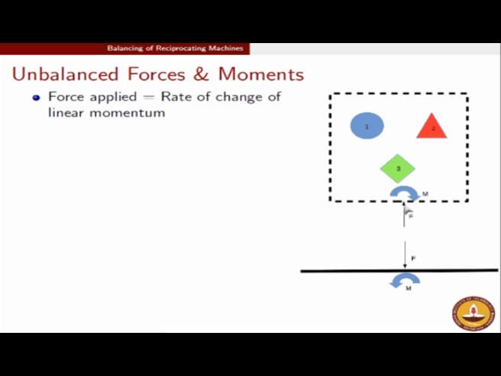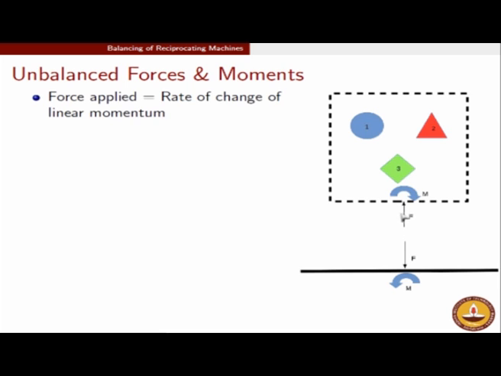The force that is applied on this control system must be equal to the rate of change of linear momentum. That is something we have learned right from our school days, and we have revised it thoroughly in our engineering mechanics curriculum, but here we will appeal to that very simple logic. The box, the control system, could contain a number of moving parts, but that is beside the point.